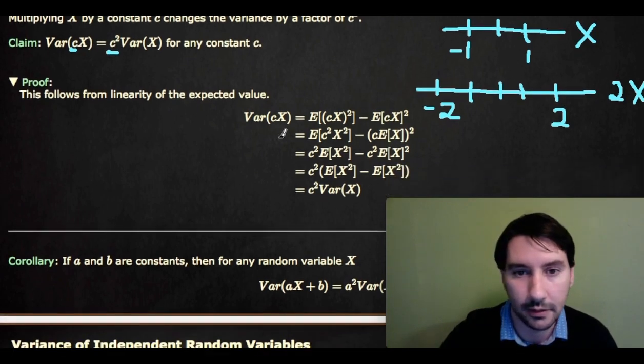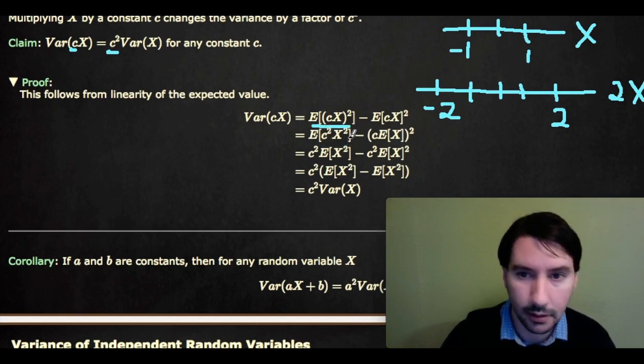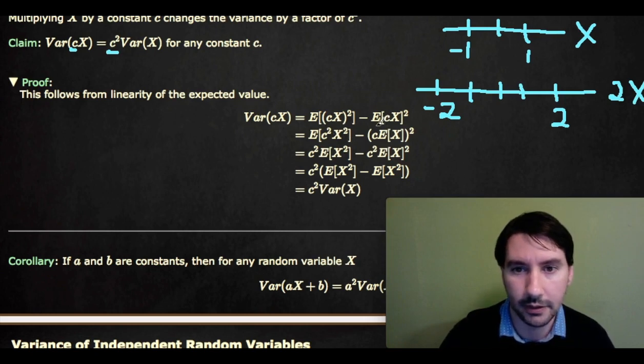So the variance of cx is the expected value of (cx) squared minus the expected value of cx, quantity squared. And once again, we square the inside first, so it's c squared x squared on the left, and we use linearity first on the right. So E of cx is c E of x.